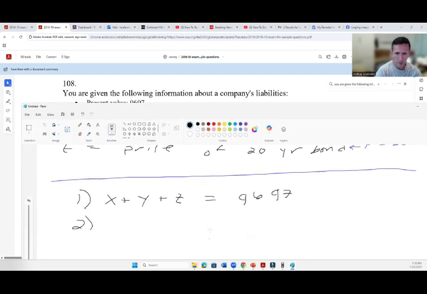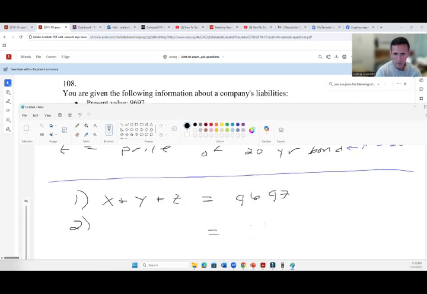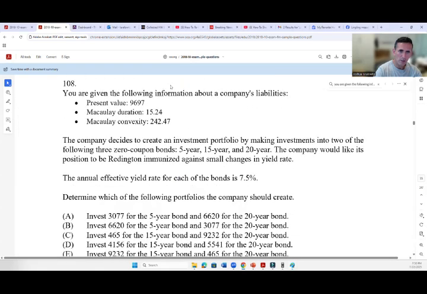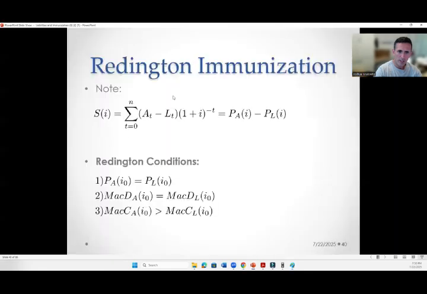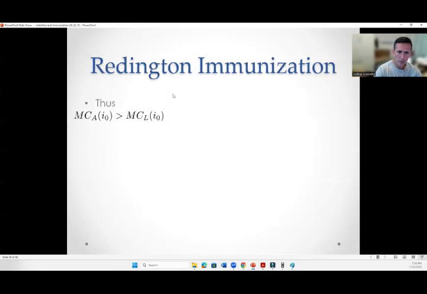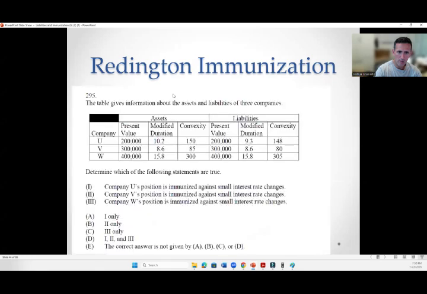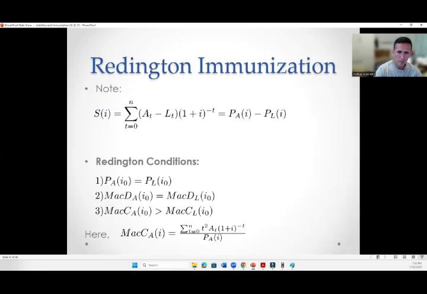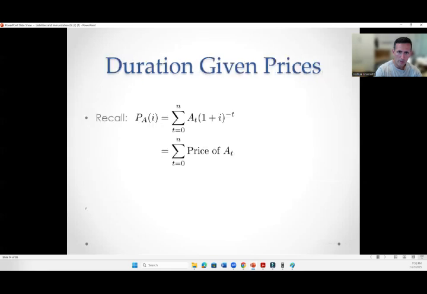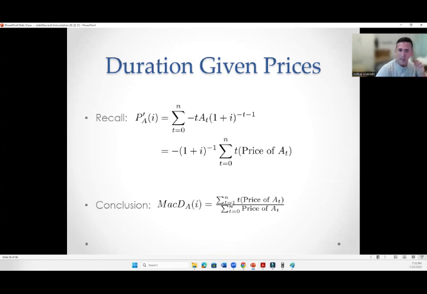2, we're given a Macaulay duration of liabilities is 15.24. So what's the Macaulay duration of my assets? Well, here we're going to use this formula here that we had before.